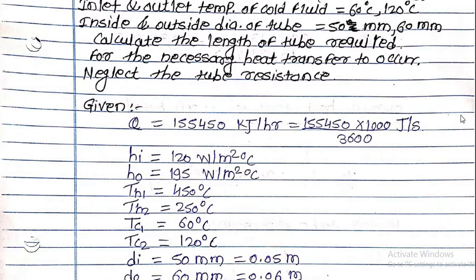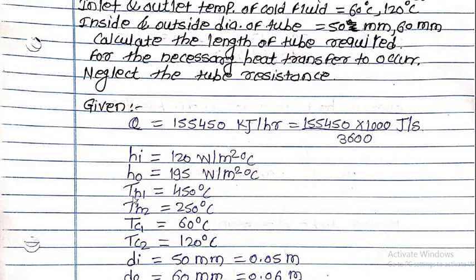Okay, so we'll get the value in joule per second. Then inside heat transfer coefficient is provided, that is H suffix i equal to 120 watt per meter square degree Celsius. Outside heat transfer coefficient is provided, that is H naught equal to 195 watt per meter square degree Celsius.